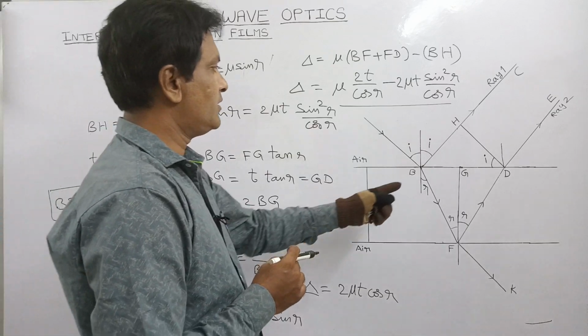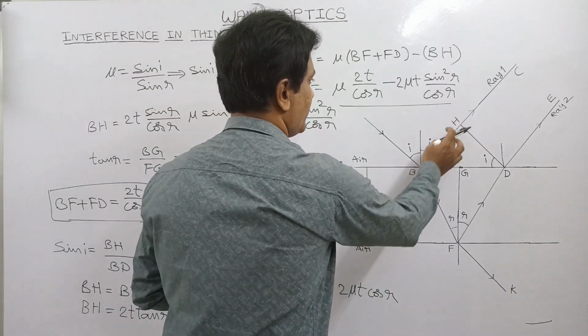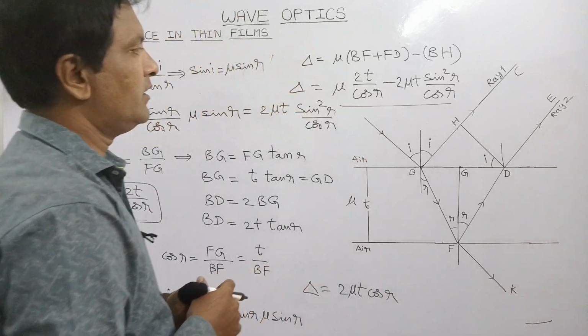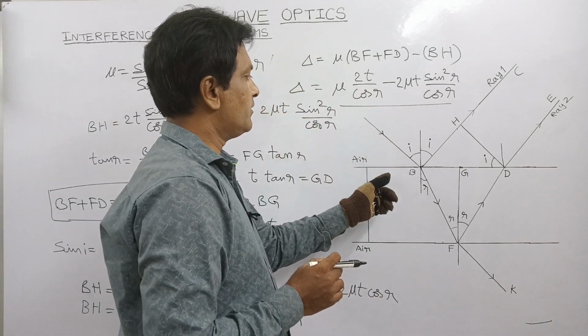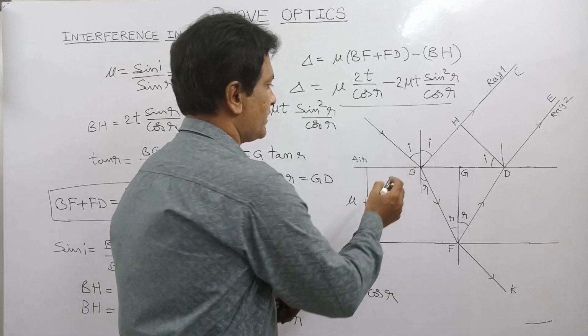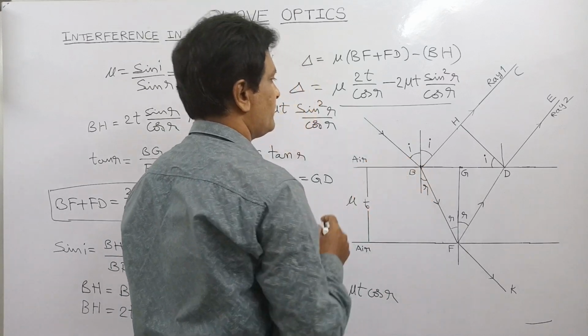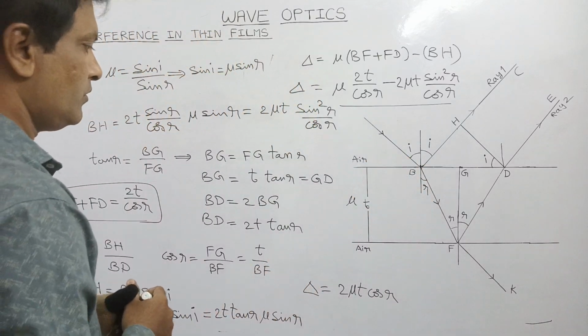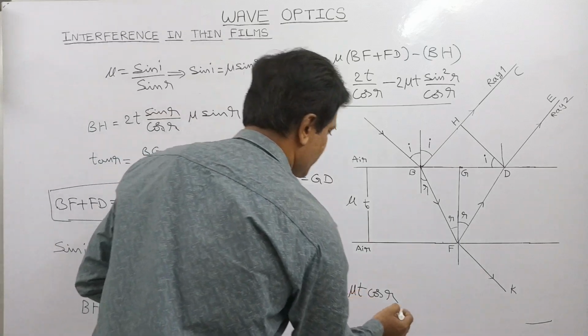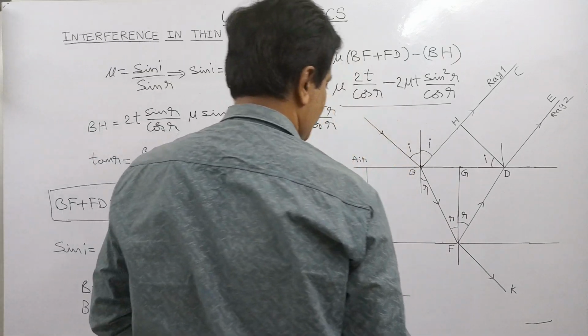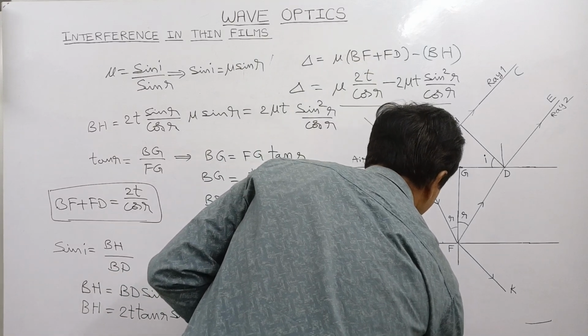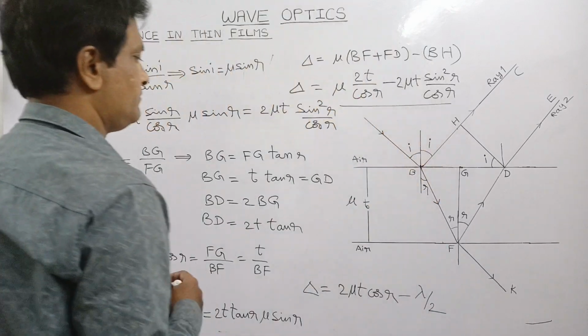So a path difference of lambda by 2 from here to here will occur at the reflection happening at the two mediums at the border, and this is the point of incidence. So if you correct this equation, the exact optical path difference will be minus lambda by 2.